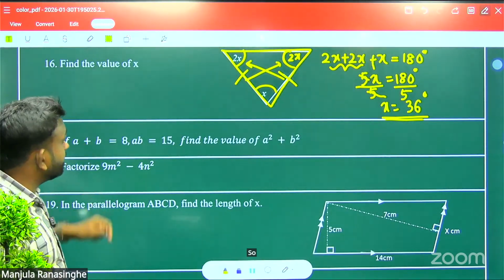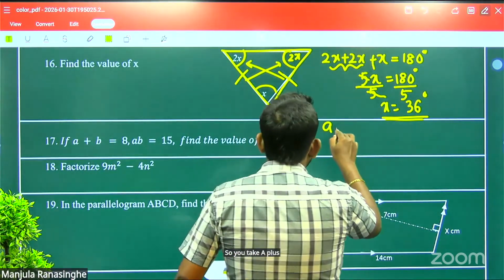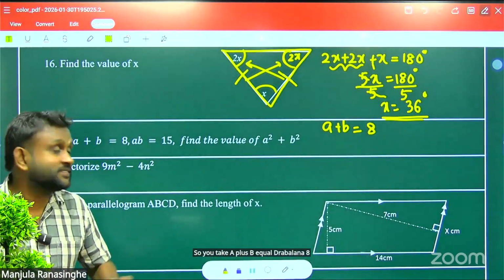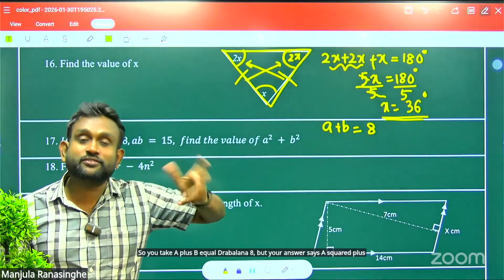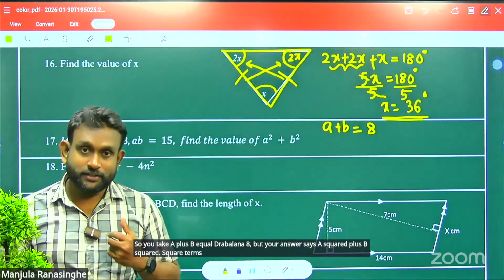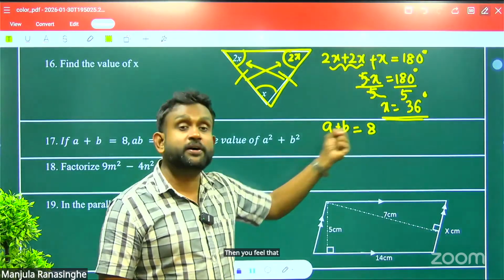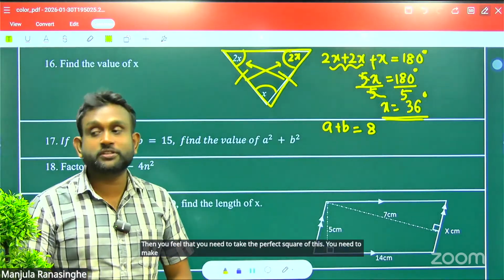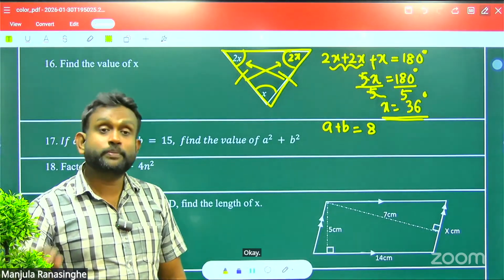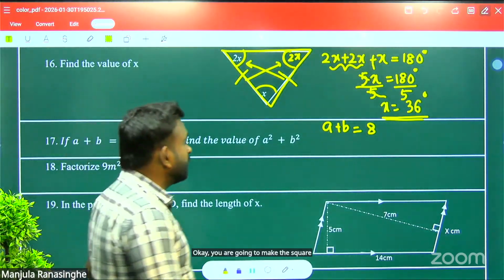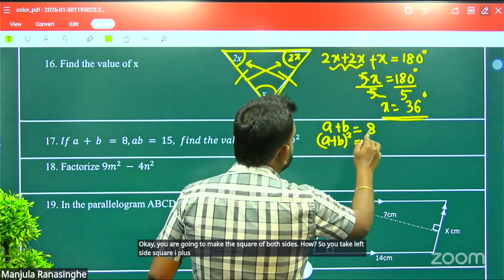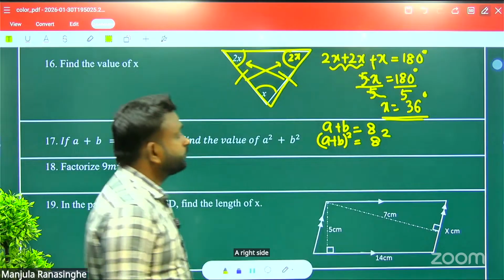So you take a plus b equals 8. But your answer asks for a squared plus b squared. Since a sum of square terms is asked, you need to take the perfect square of this. You need to make the square of both sides. How? Take the left side squared, (a plus b) squared, equals the right side, 8 squared.